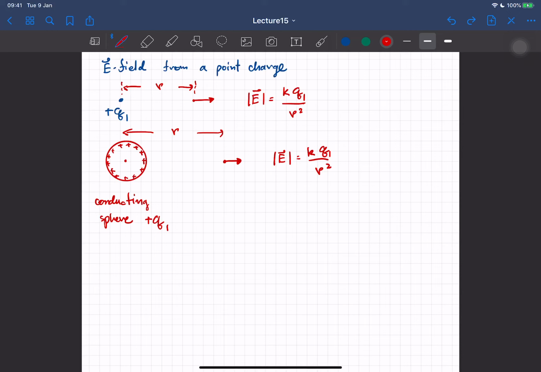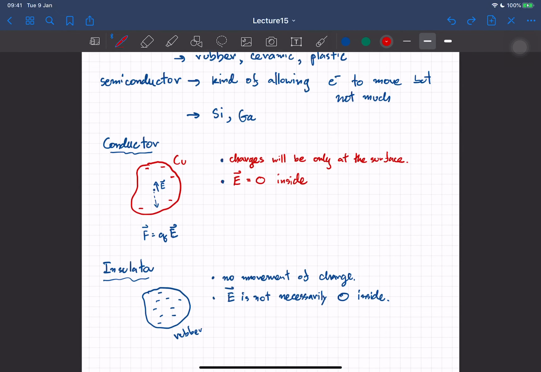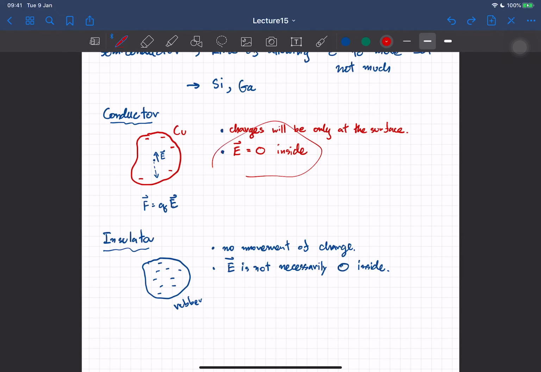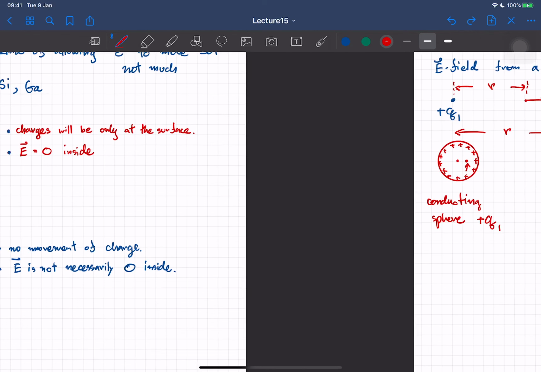Now the problem is, if you talk about the electric field at a point that happens to be inside the sphere, is the electric field still given by this? Of course not, because we know that if it's a conducting sphere, then the electric field will be zero inside. So that's the difference.